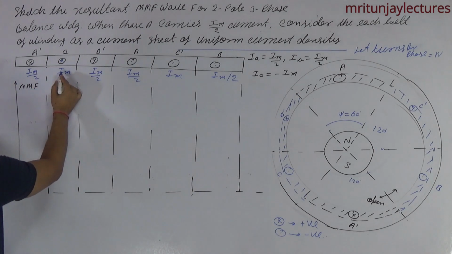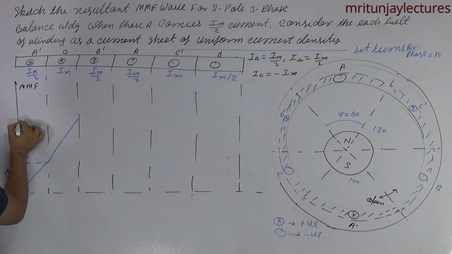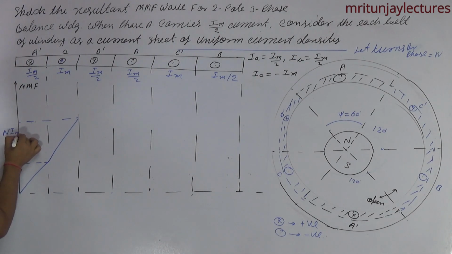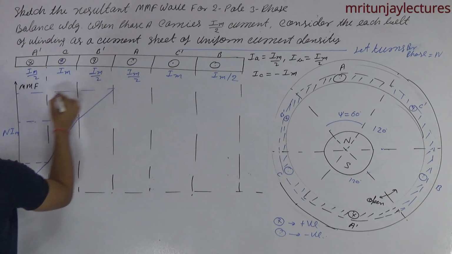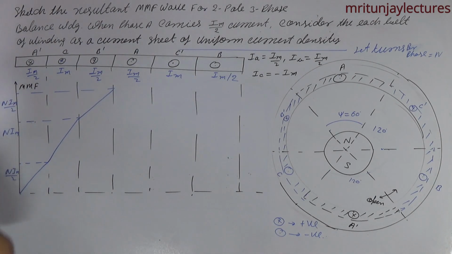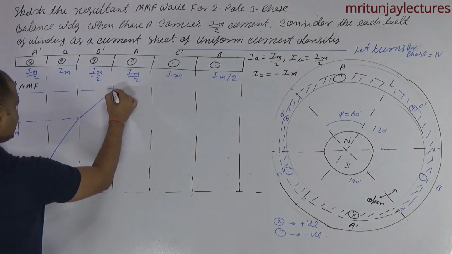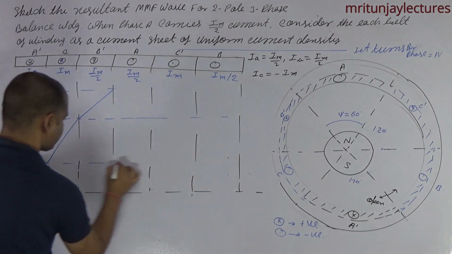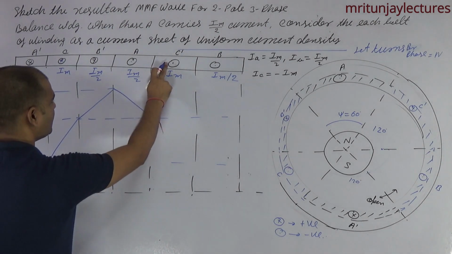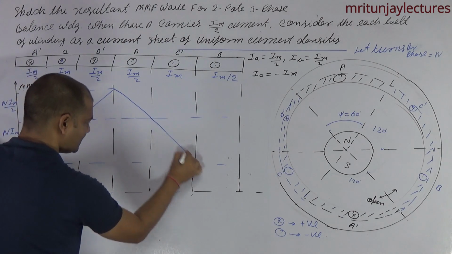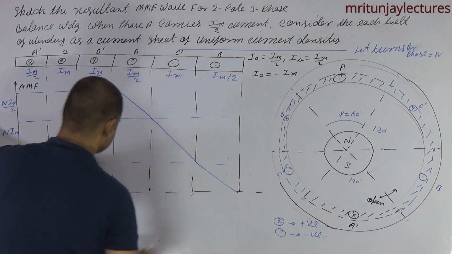After that this is cross, that's why plus, and this one is NIm, and after that N into Im by 2, NIm by 2. Now the dot sign means negative MMF, that's why like this one it linearly decreases. Dot polarity, this also decreases, and dot polarity Im by 2 is represented like this one.